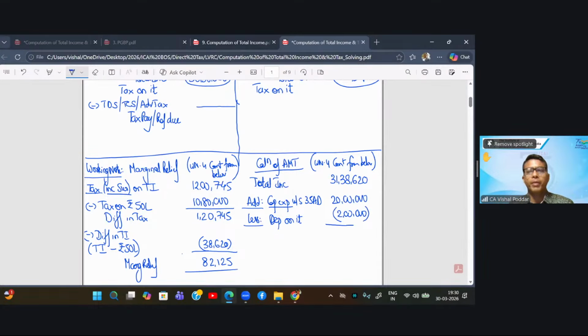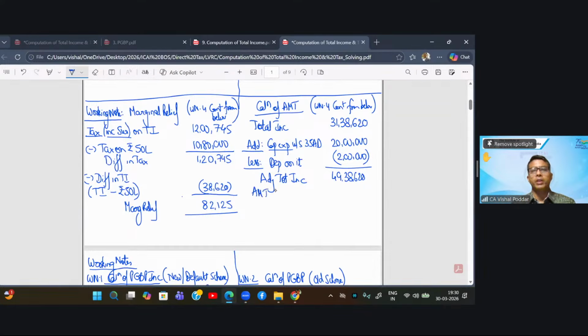So you add back the capital expenditure, which is the benefit under 35 AD, and you subtract the depreciation on it. So this becomes your adjusted total income for the purpose of AMT. How much is this? 20 minus 2 is 18. 18 plus 31 is 49. So it is 49,38,620. Correct.